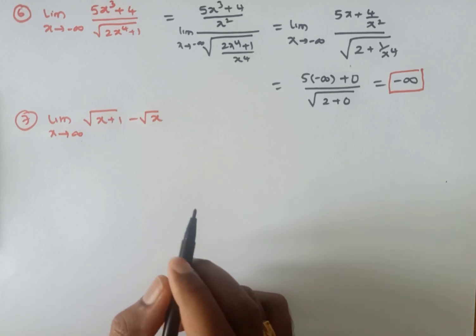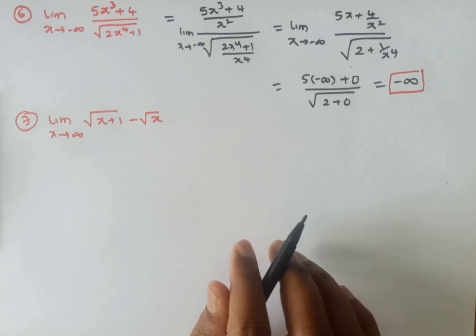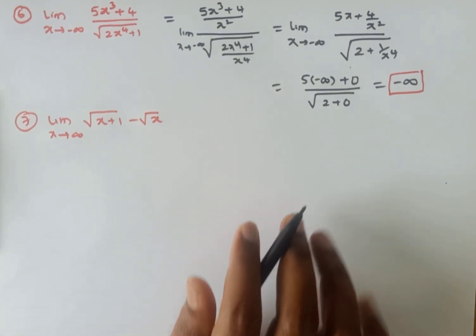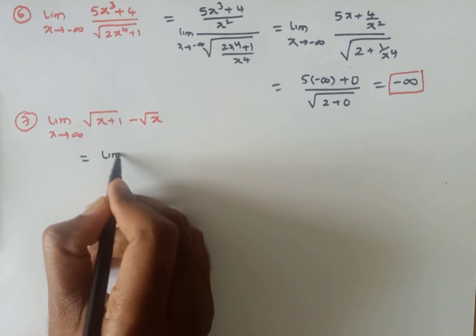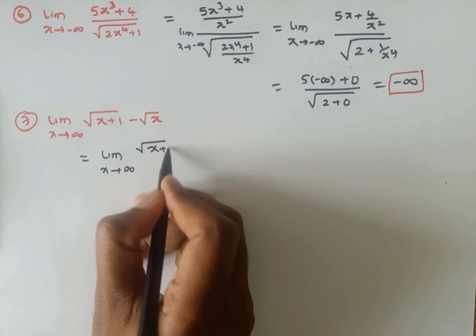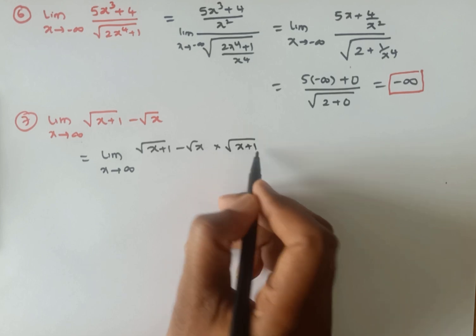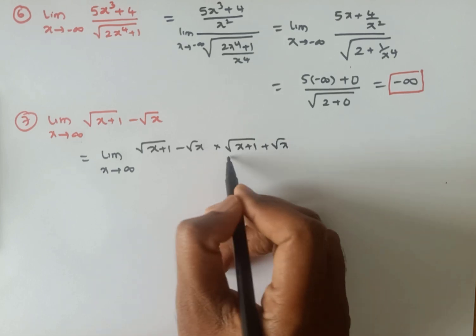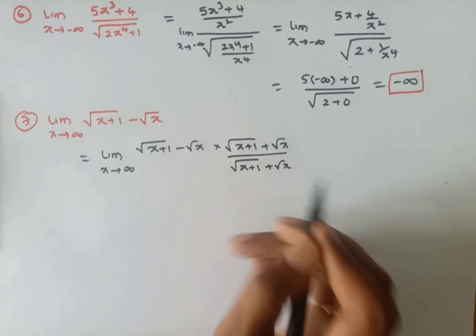That is again an indeterminate form, so you need to create a common factor by rationalizing the numerator. That means limit x tends to infinity of (root x plus 1 minus root x) into (root x plus 1 plus root x) by (root x plus 1 plus root x).